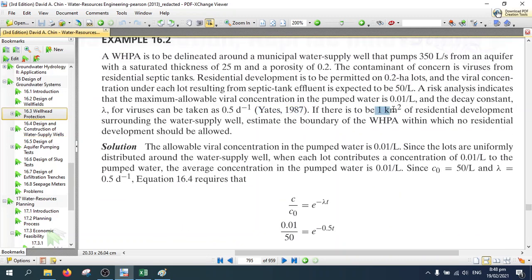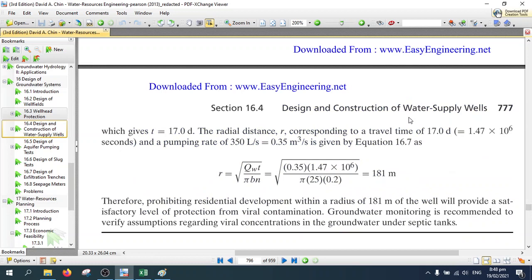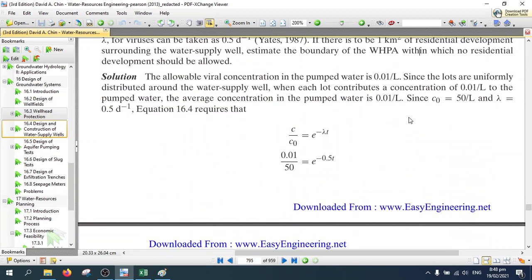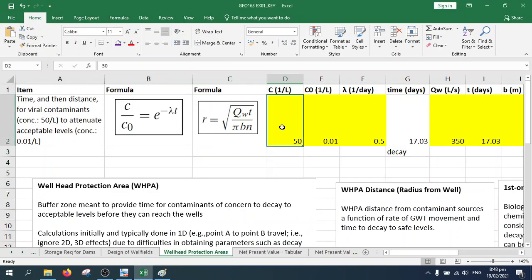This 1 square kilometer is not so relevant in this problem. Let's explain this step by step. Basically, we just have to find the time T that would allow your 50 count per liter concentration to reduce to 0.01 count per liter.